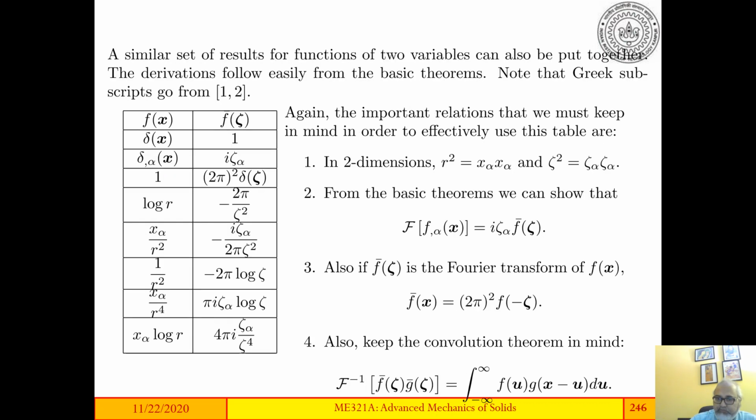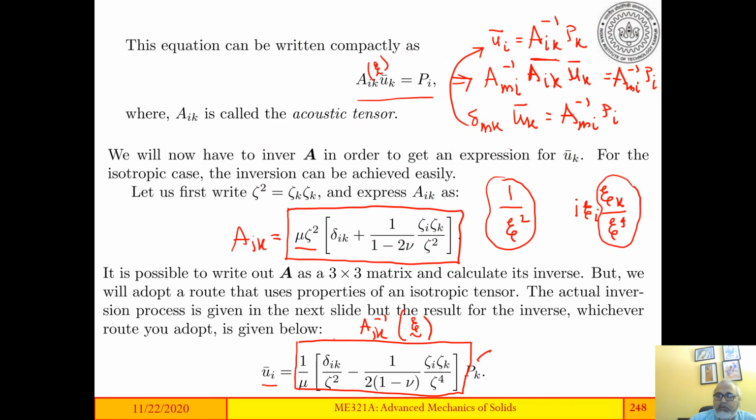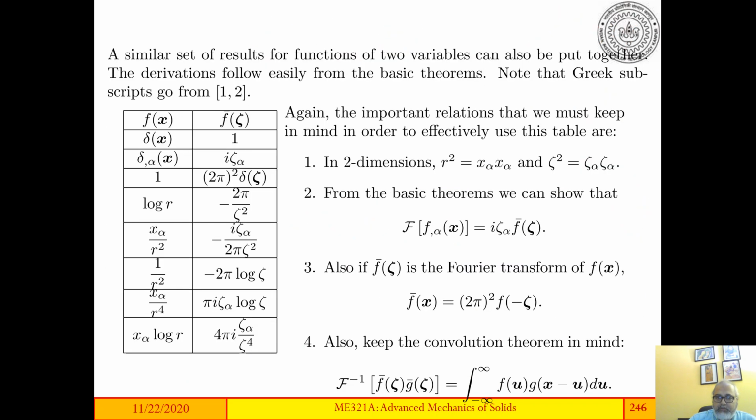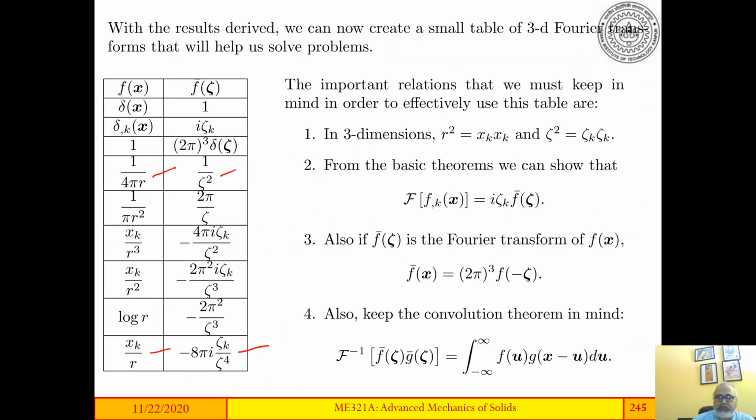So go back here. This and this. The inverse of this is 1 by 4 pi r, whereas this is minus 1 by 8 pi i xk by r.